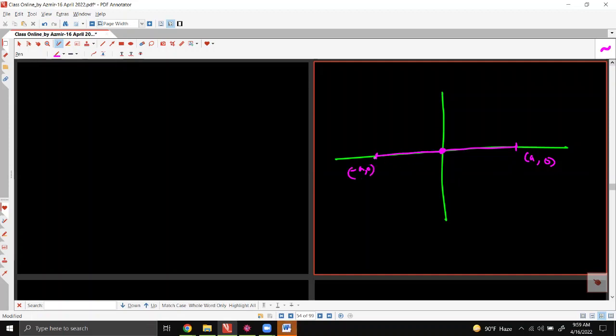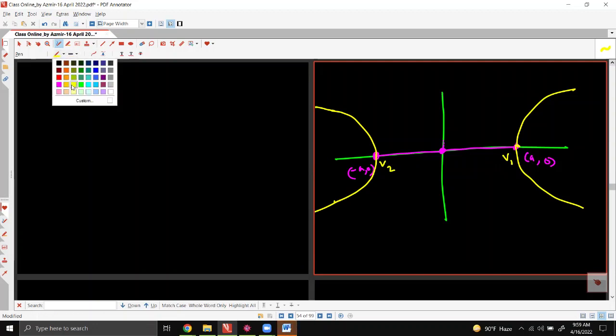So these two will be the vertices of the hyperbola. Similarly, we can think about 0 comma b, 0 comma minus b, but before let us draw the graph. The hyperbola will look like this shape. So this is vertex 1, vertex 2.